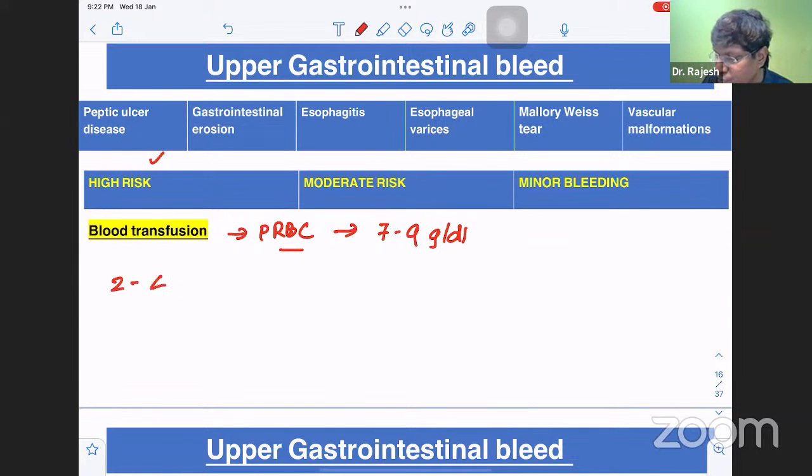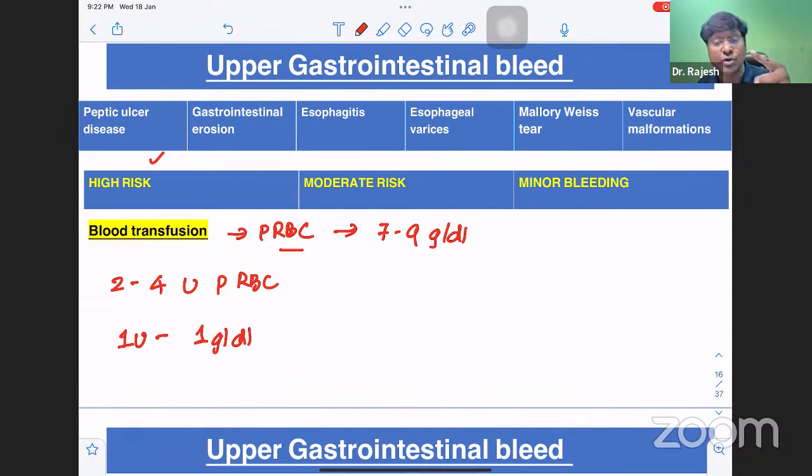I should give 2 to 4 units of packed RBC. Now, what should be my target? 1 unit of packed RBC should raise the hemoglobin by approximately 1 gram per deciliter.